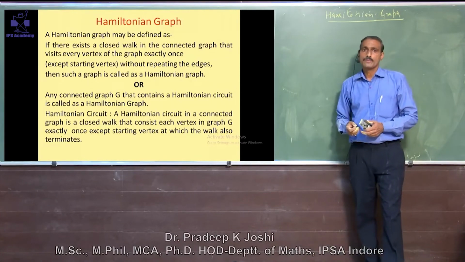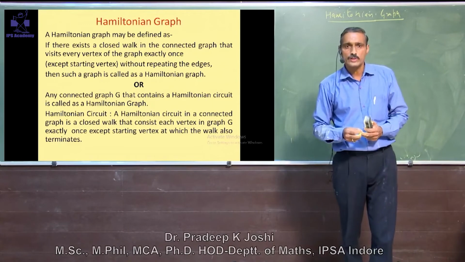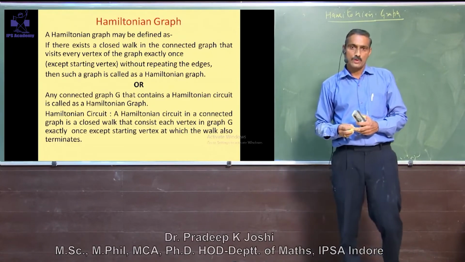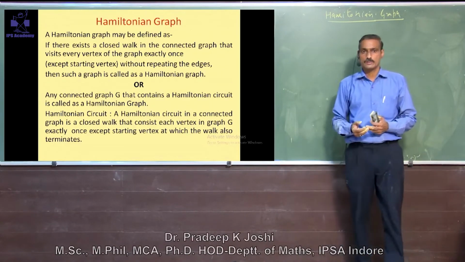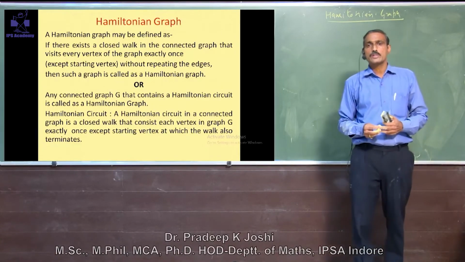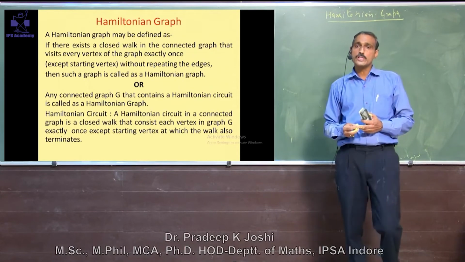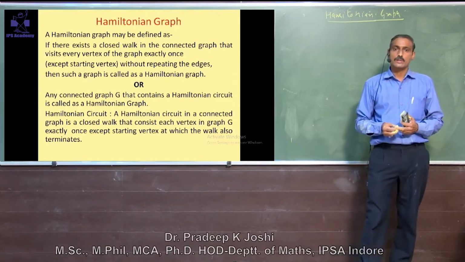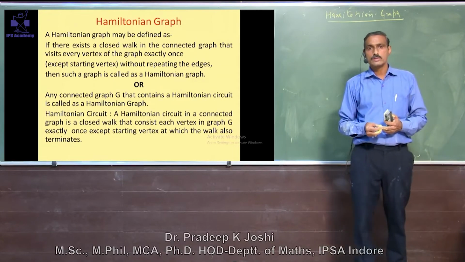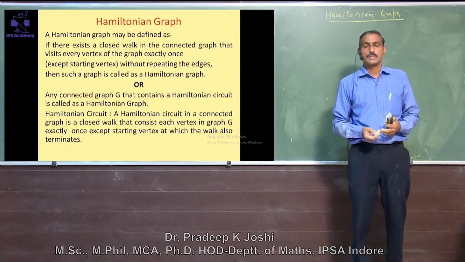Another definition: any connected graph G that contains a Hamiltonian circuit is called a Hamiltonian graph. Now, what is a Hamiltonian circuit? A Hamiltonian circuit is a closed walk in a connected graph that includes each vertex of graph G exactly once, except the starting vertex at which the walk terminates.